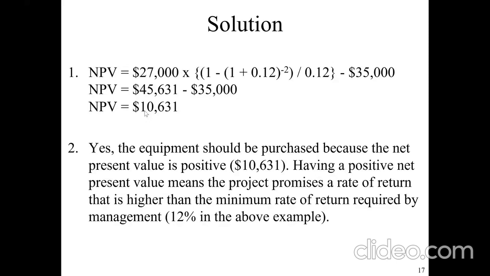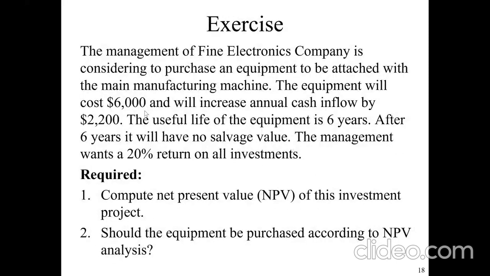I am sure you can do this next one. So this will be an exercise for you. Do this and then check whether the project should be carried out or not. So we say that the management of Fine Electronics Company is considering purchasing an equipment to be attached to the main manufacturing machine. The equipment will cost $6,000 and will increase annual cash inflow by $2,200.